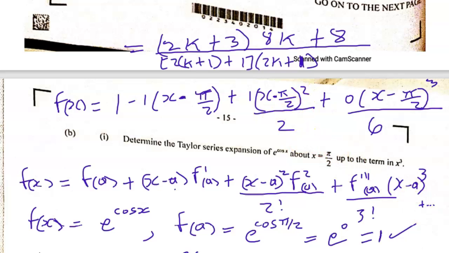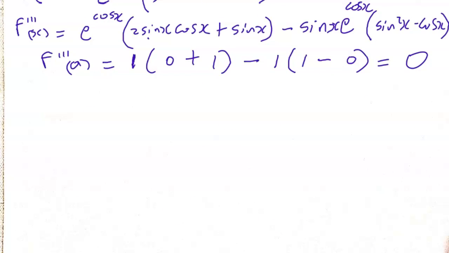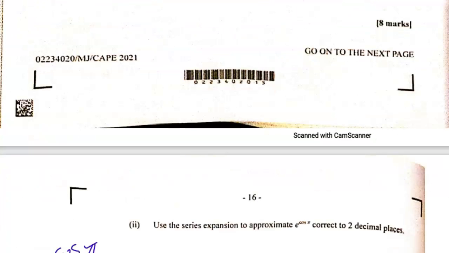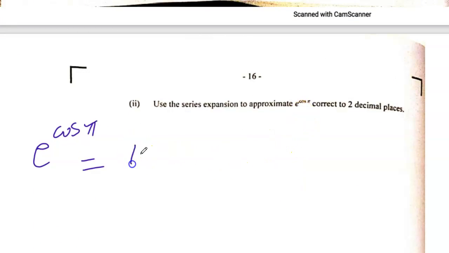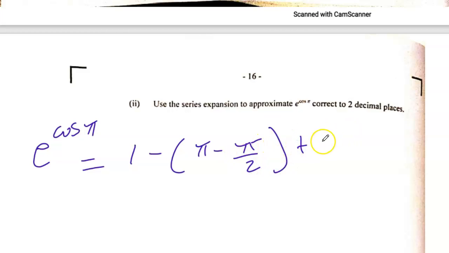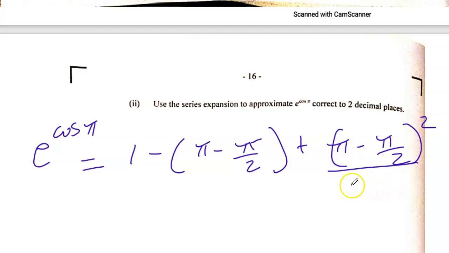So this will be now 1 minus pi over 2, plus pi minus pi over 2 all squared over the 2 factorial, which was 2.